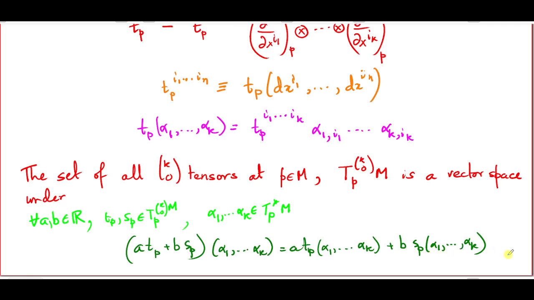The proof that this is really a multilinear function from the set T_p* M cross T_p* M all the way up to k such factors to R is a pretty straightforward thing to prove. And I will leave that as an exercise for you.